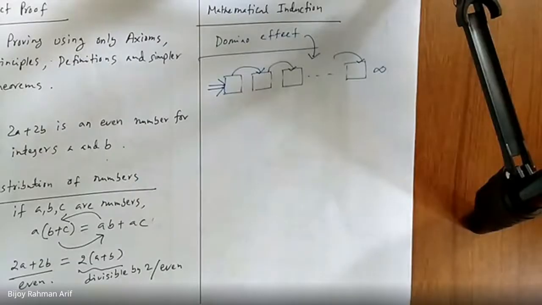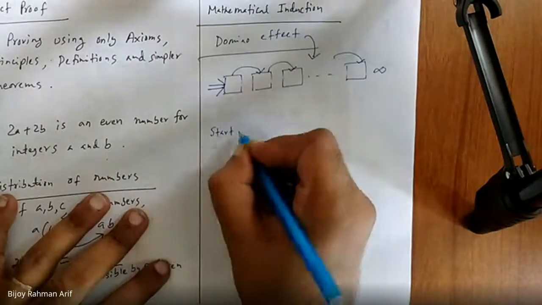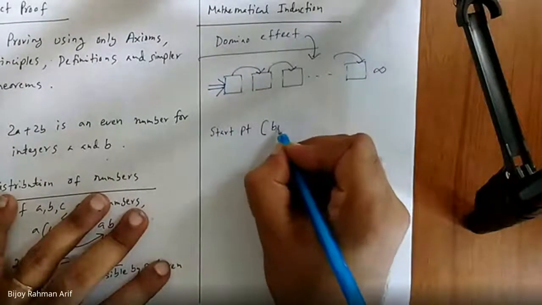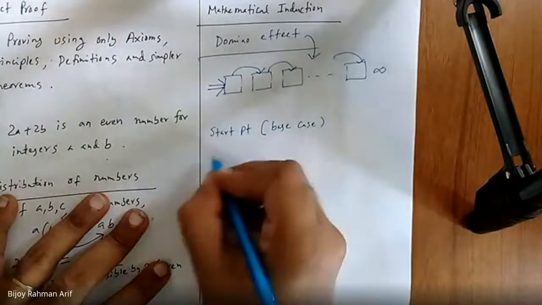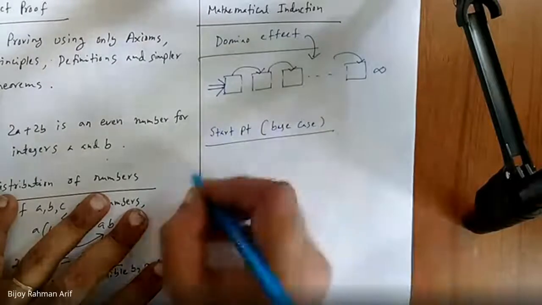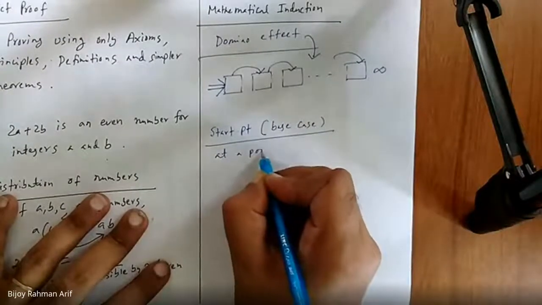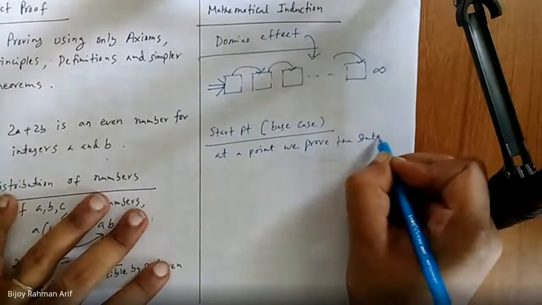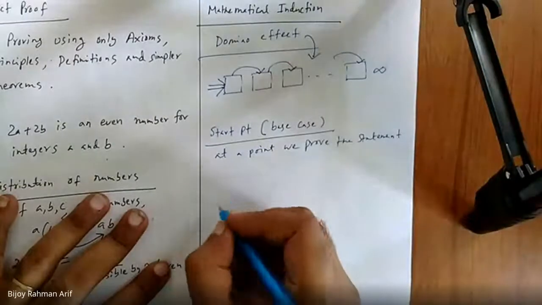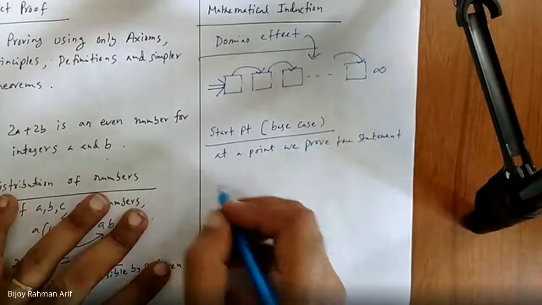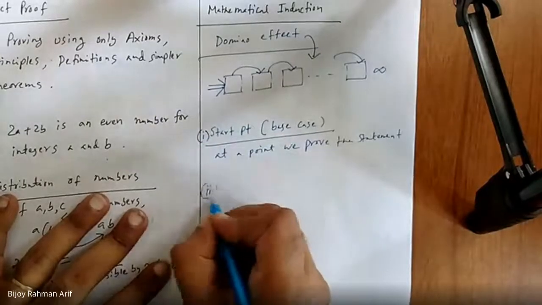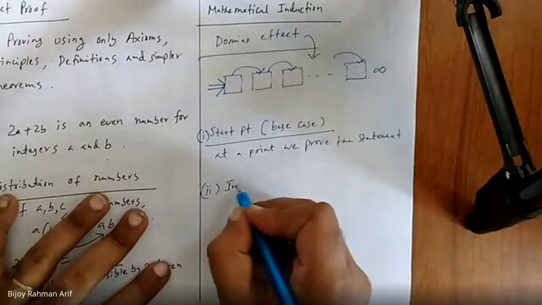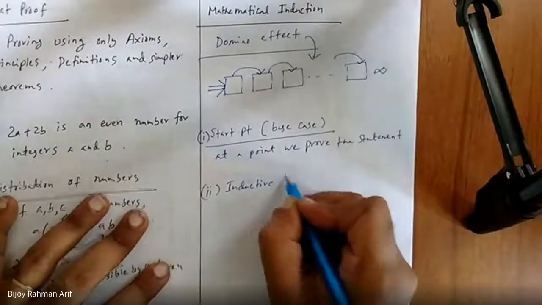Yes, sir. So mathematical induction in proof mimics this domino effect. We have a start point, which is called the base case or basis. At this point, we prove the statement. Then the next step is called the inductive hypothesis.